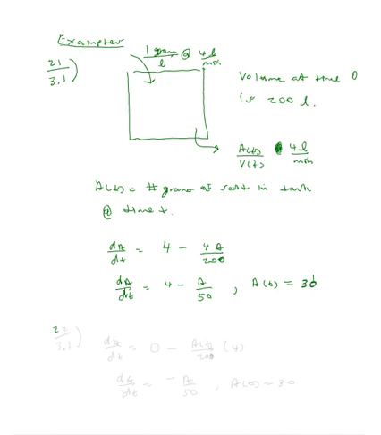Now in problem 22 in the Zill book, it says to do the same problem, but assume that pure water is being pumped into the tank. Well, you write the differential equation.